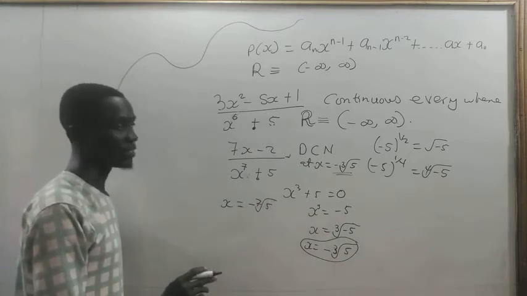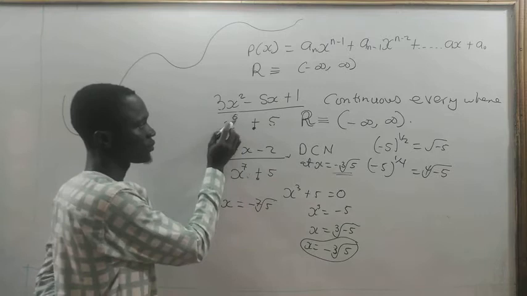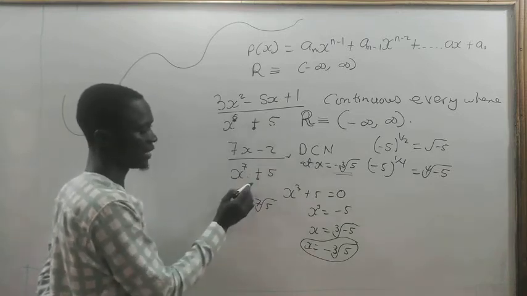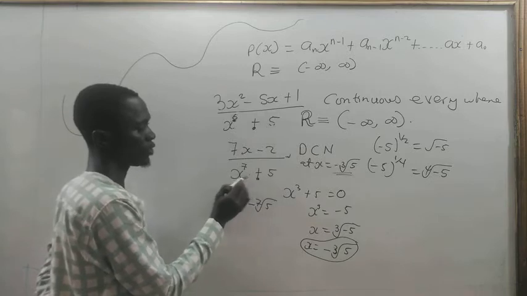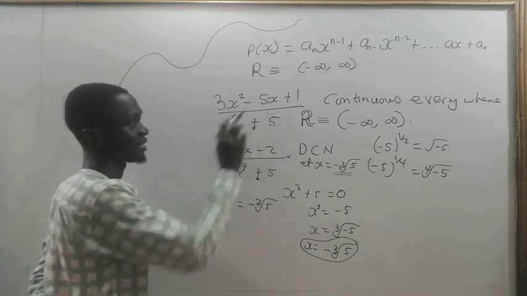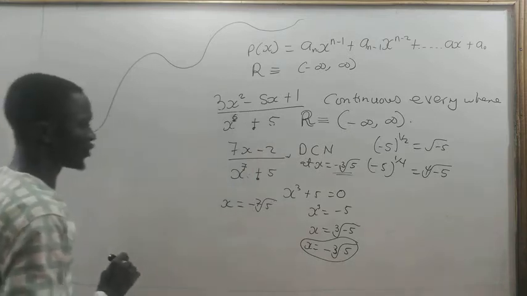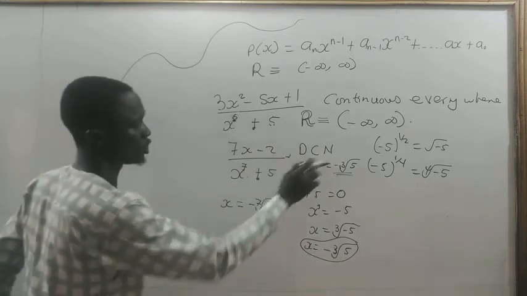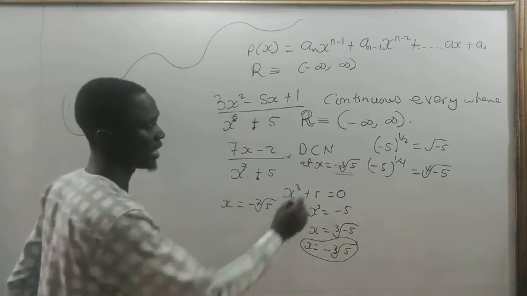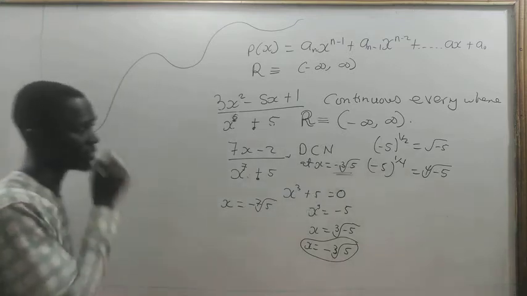Very simple like that. So that is the difference between even power and odd power if it is plus. Let's check if what is here is subtraction. So we say this function is discontinuous at x equal to negative cube root of 5, or you can say x equal to cube root of minus 5, the same thing.